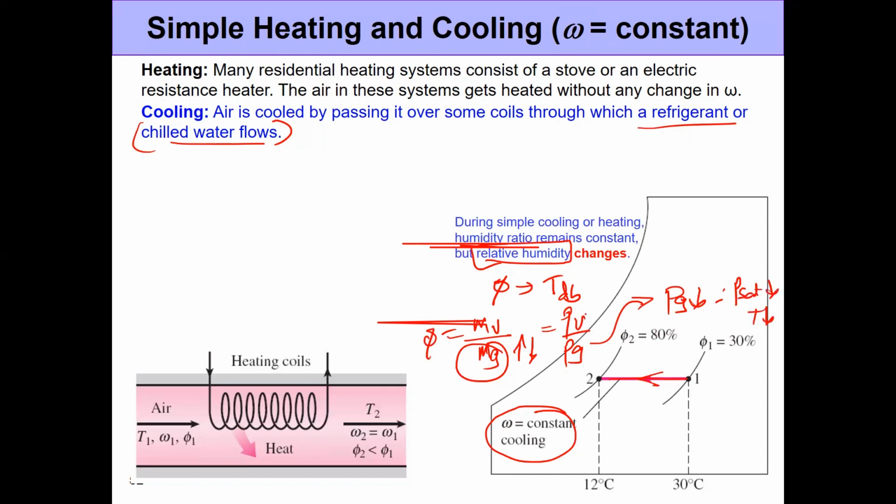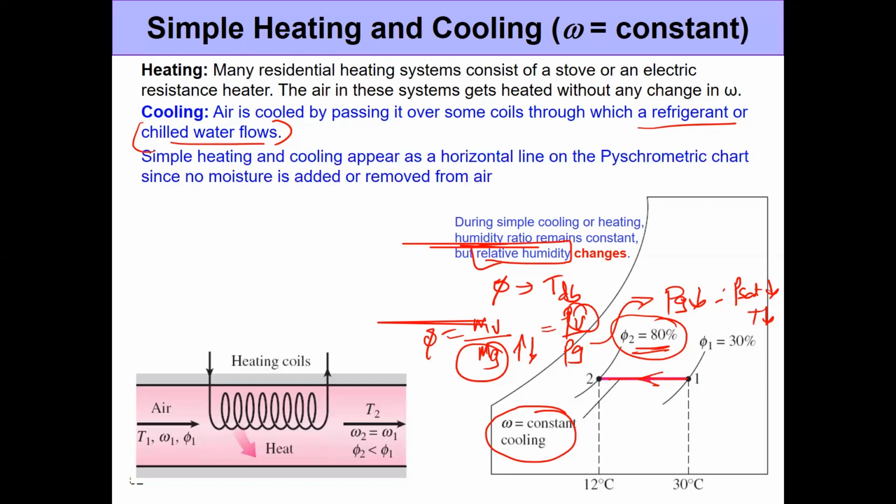So you're decreasing P_g while keeping the P_v constant. So what's going to happen? Well, phi is going to increase, and that's what we see here. The relative humidity increases as we cool it. We're not doing anything else, just cooling it. So you have to be careful that the eventual relative humidity is still within the range when you send it to the room or to the space that you want to provide cooling.